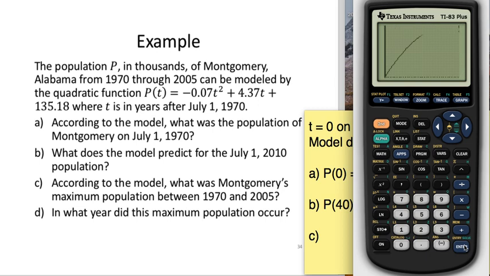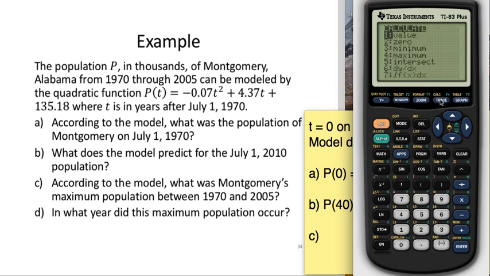We see the model increasing at a decreasing rate, and then it turns and is decreasing on the other side of the vertex. It's decreasing at an increasing rate, and the vertex is going to be the maximum population, the highest that the population goes.